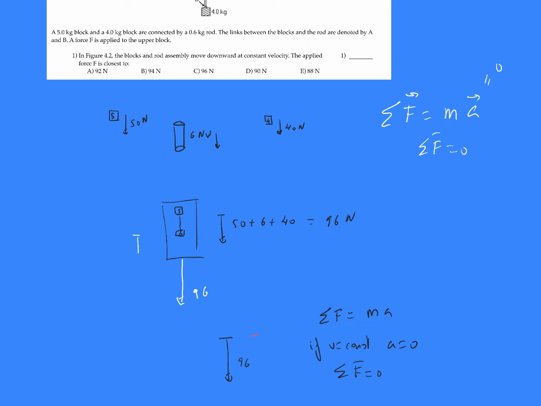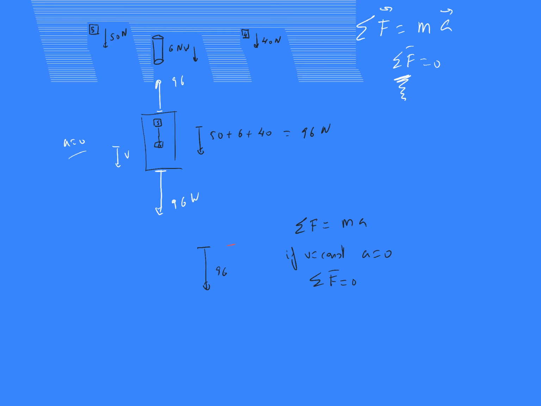The velocity is constant and the acceleration is 0. So if I have 96 newtons going downwards, I need to apply a force of 96 newtons going upward in a way that the sum of the forces will be 0. So the correct answer is 96 newtons going upwards.